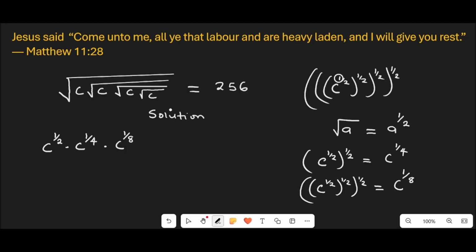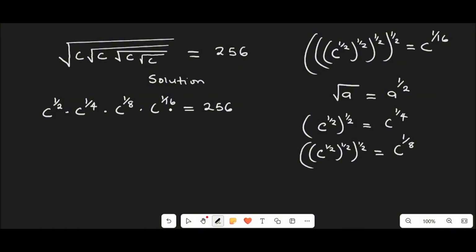So if we multiply it, 1 over 2 multiplied by 1 over 2 multiplied by 1 over 2 multiplied by 1 over 2 is going to give us C raised to power 1 over 16. So multiply by C raised to power 1 over 16 is equal to 256.